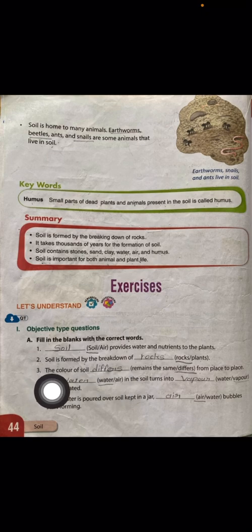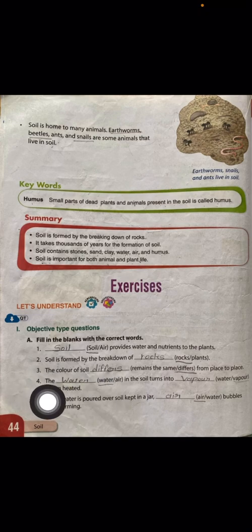See the third one: the color of soil blank from place to place remains the same. Is it? No, it differs, right? I have already told you that if we go from one place to another, we will see many kinds of soils, right?